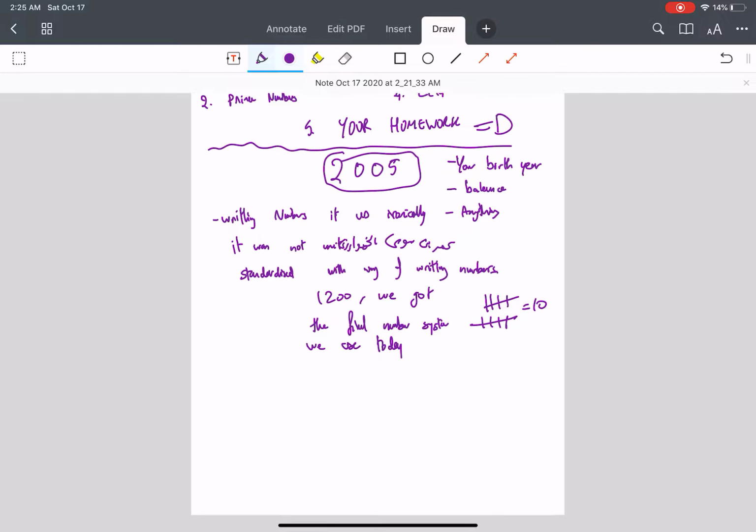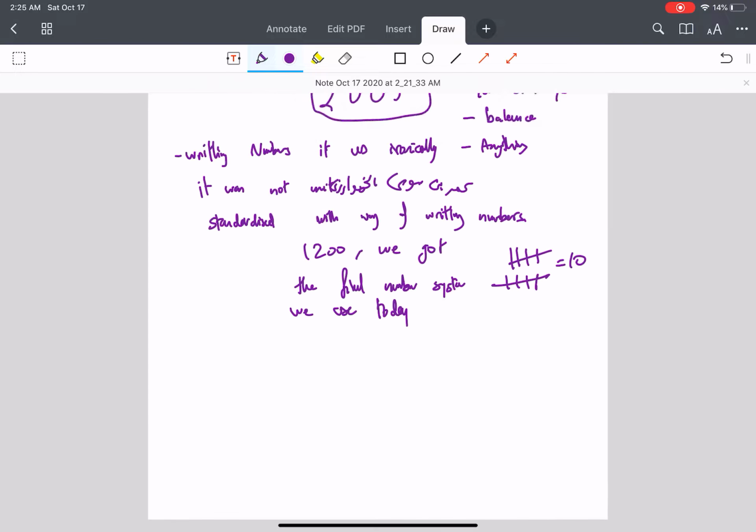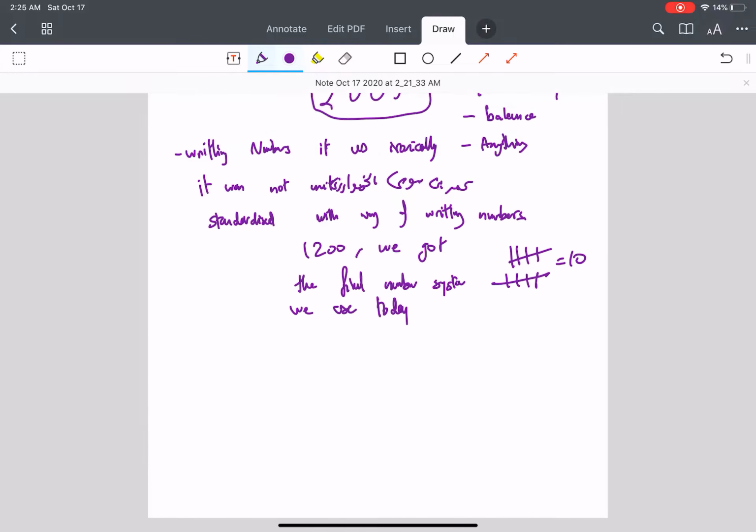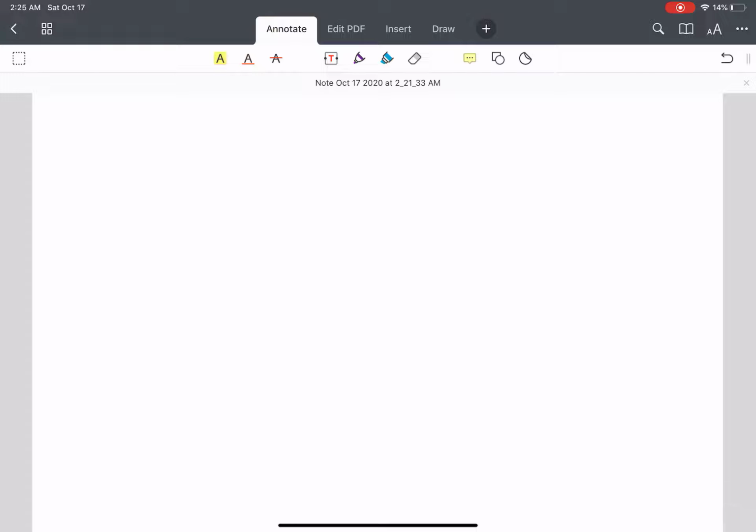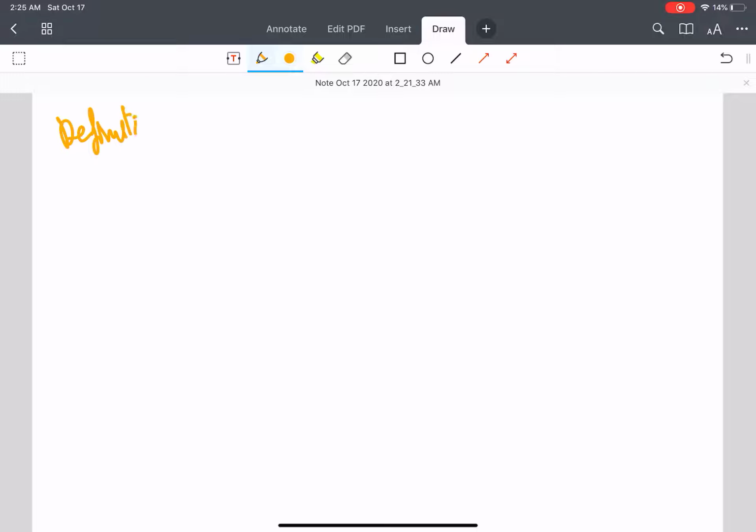Okay, definitions. For numbers, let's get a new page. Okay, new page, expand, let's change the color, draw. Okay, definitions of numbers. So we have different types of numbers, but all numbers fall under something called real numbers. These are all types of numbers.